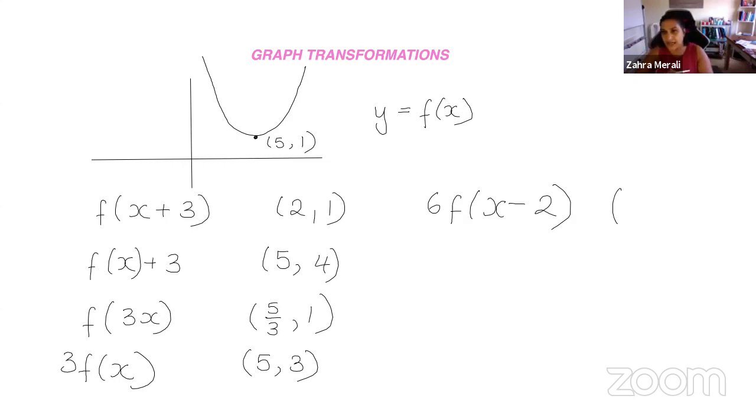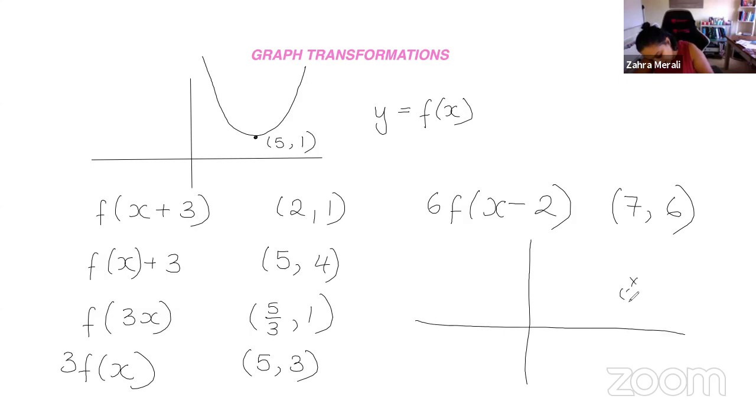So let's think what's going to happen to the x. It says minus 2. X's are annoying. They do the wrong thing. So in fact, it's going to be plus 2. So that 5 is going to become 7. The 1 outside is the y coordinate. It's got 6 times by 1 gives us 6. So if we were to sketch that, that's (7, 6), and the rest of the graph follows. It's just a sketch. It won't look like that.